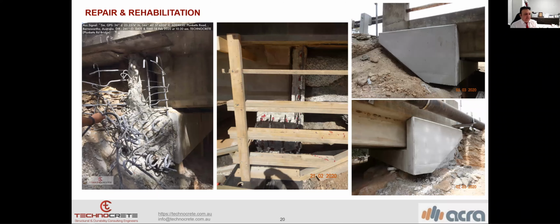And then the repair which we did: we had damage, which we saw earlier. Then we had to demolish two wing walls completely, and then we designed the new ones, and we used the drill and epoxy system in order to connect the new concrete and reinforcement to the old concrete.